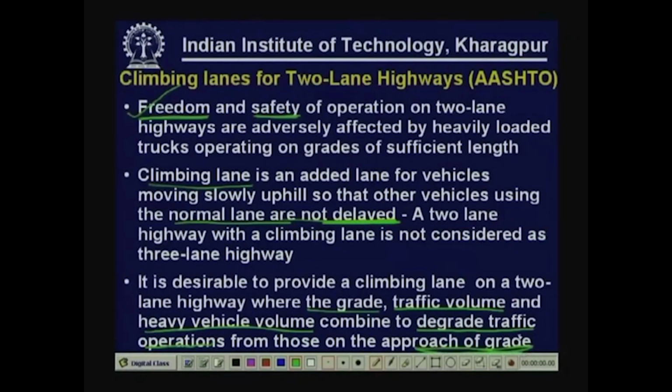So, it is not a single factor, but the combined effect of grade, length of the grade, overall traffic volume and commercial traffic volume. Wherever they cause substantial degradation to the operational characteristics of the overall traffic stream on an upgrade, there we should provide a climbing lane.